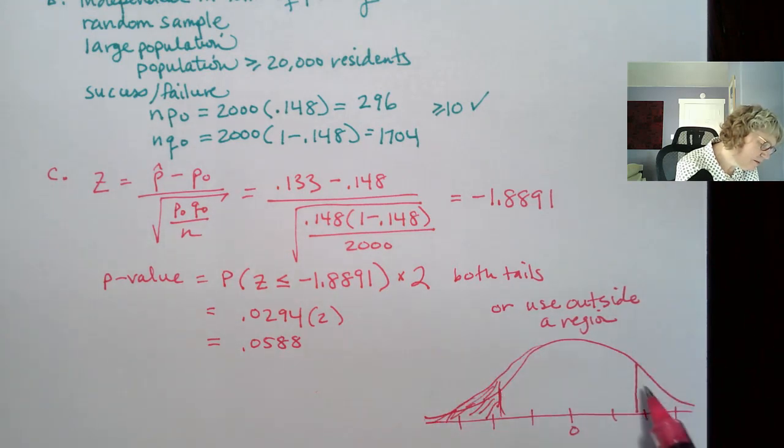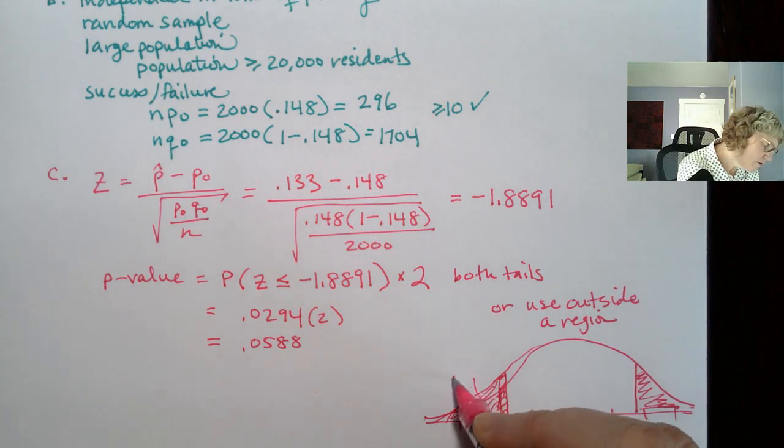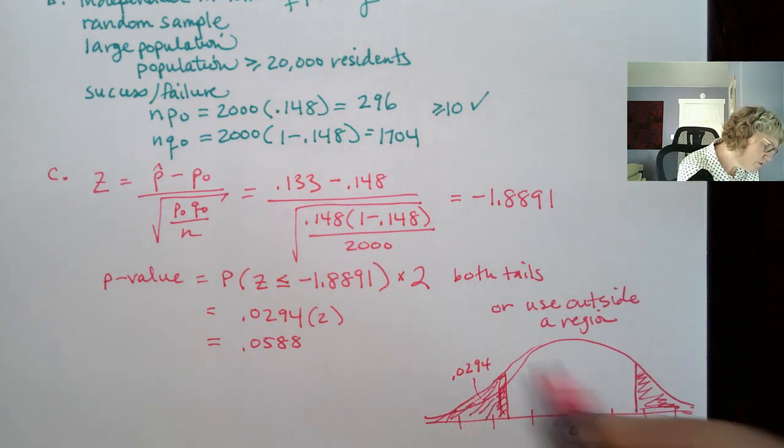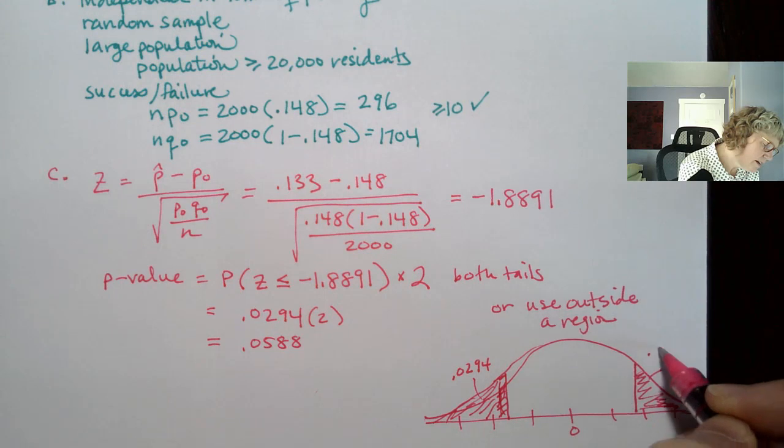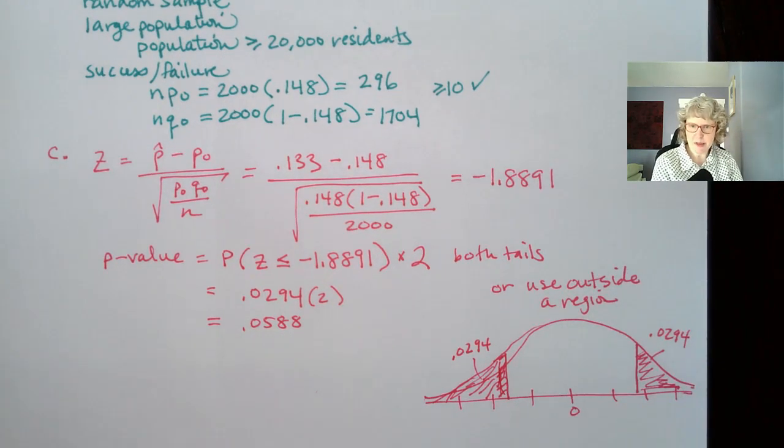It's kind of a problem when I'm trying to show that it's symmetric on both tails. I'm just going to keep fudging it till it's a little more symmetric. Okay, but what I can show you is this is 0.0294, and this tail is also 0.0294. So both tails have the same probability.